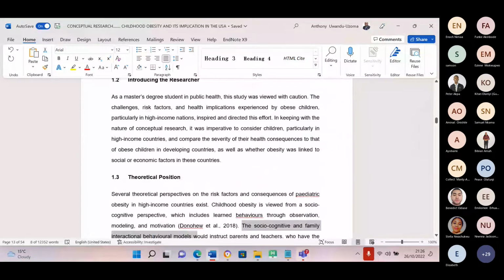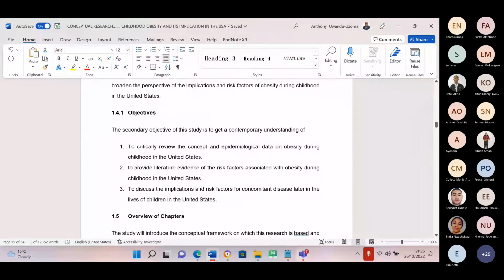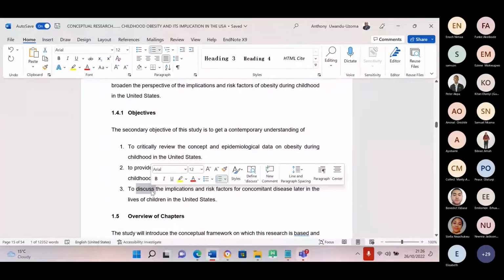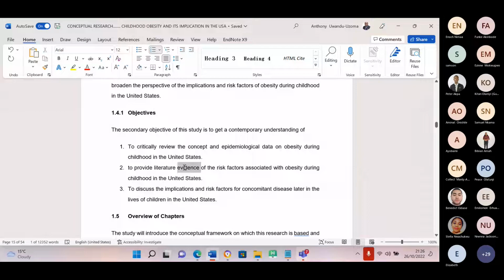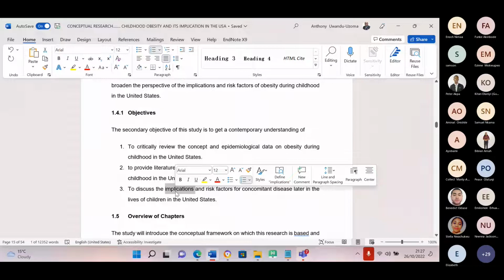Okay. So now look at this. This is a sample objective for conceptual research: to review an idea, to review a problem, to review a concept, and then maybe you look at the implications for practice, implications for policy, implications for public health projects.